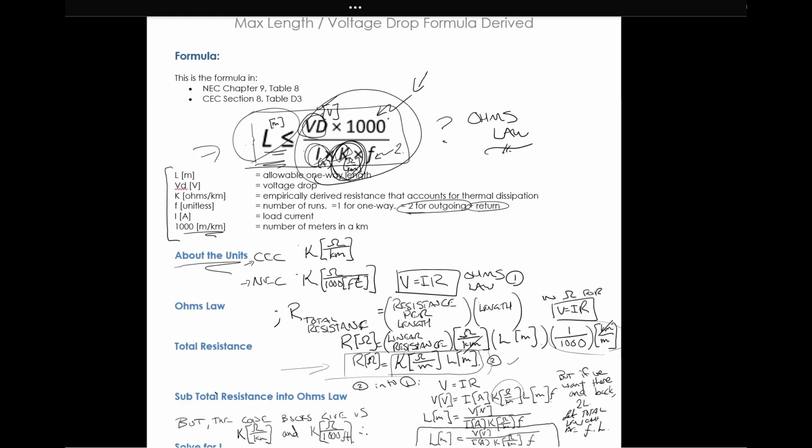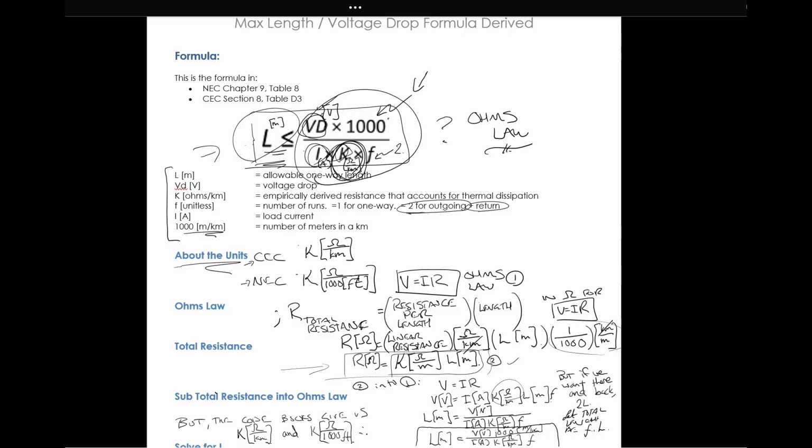But in order to make it a true statement, I'm going to multiply the numerator by 1,000 meters per kilometer. That'll get rid of the kilometer in the denominator, and in the denominator I'm left with volts times meters over amps times ohms.